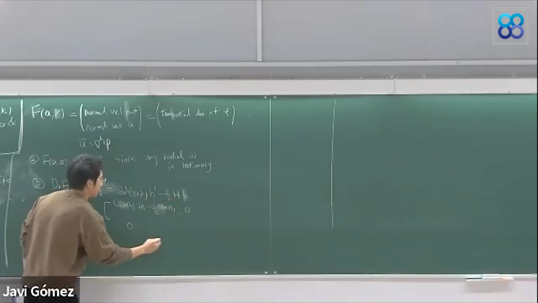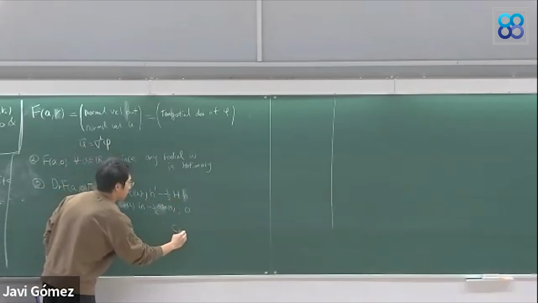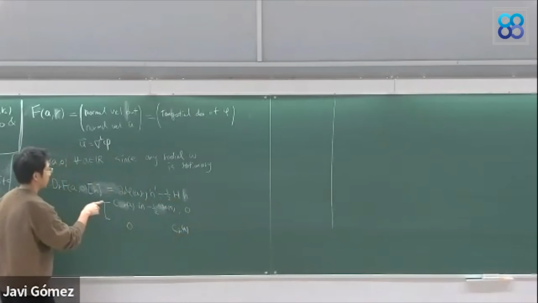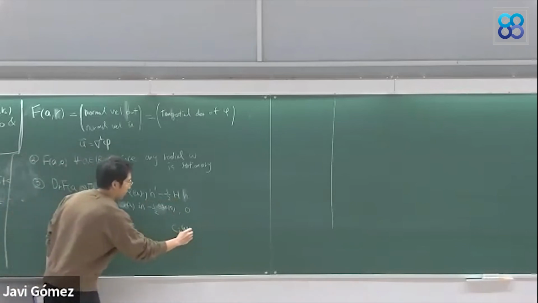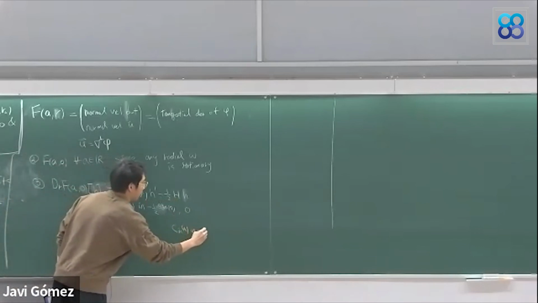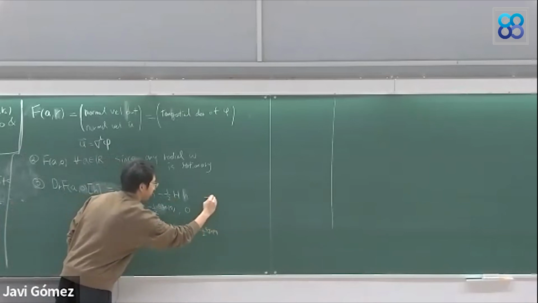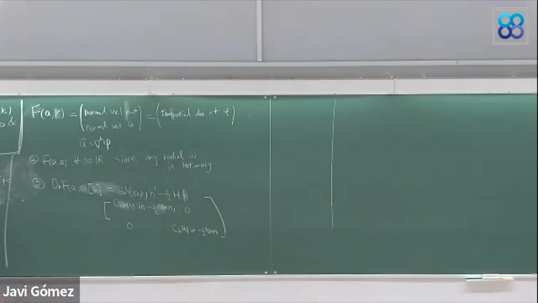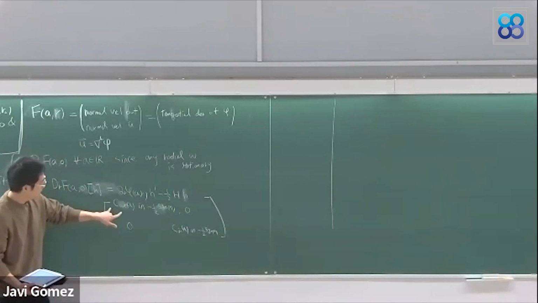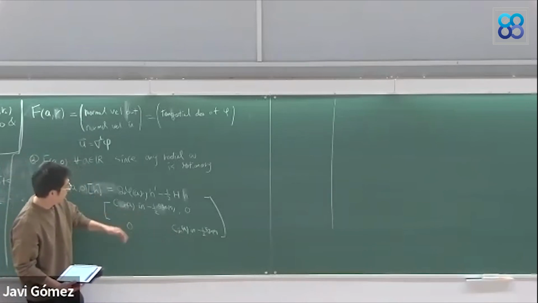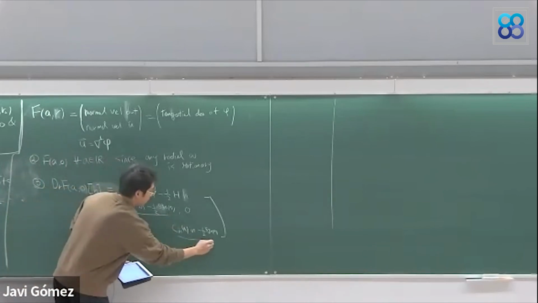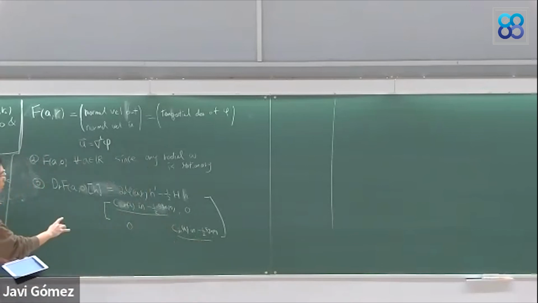We have 0, 0, and the constant that represents the radial derivative on the outer boundary times I n minus the symbol of the Hilbert transform. Then last time we saw that we can choose A to modulate so that one of the diagonal components becomes 0, but the other one is not 0.